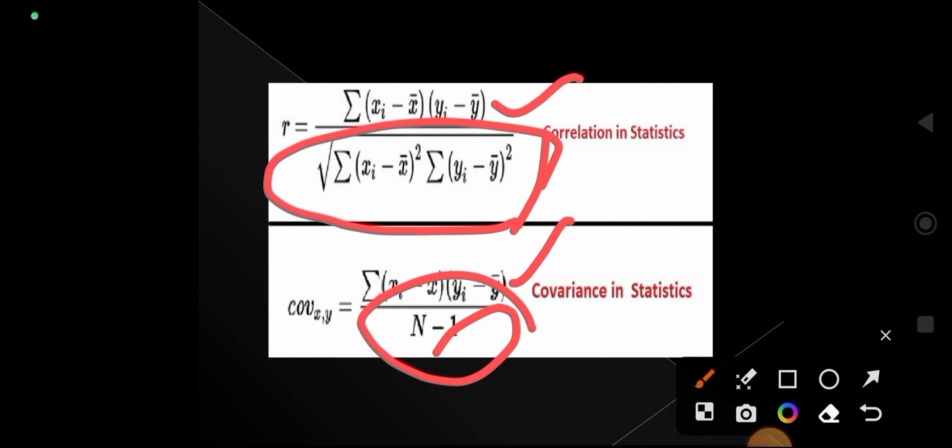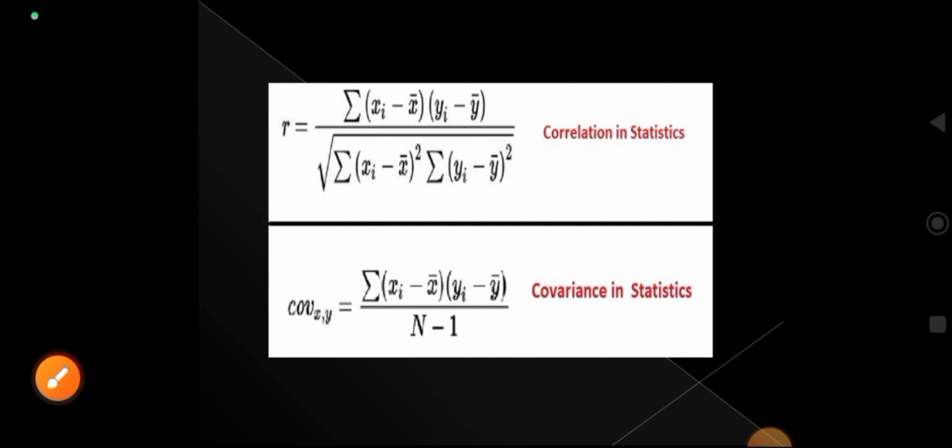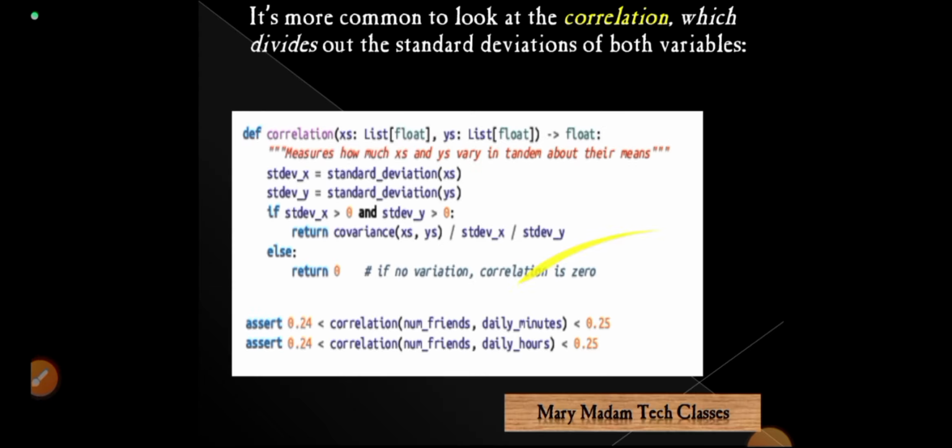Correlation is the covariance divided by the root of sigma xi minus x bar whole square, sigma yi minus y bar whole square. This is the relation between correlation and covariance formulas.